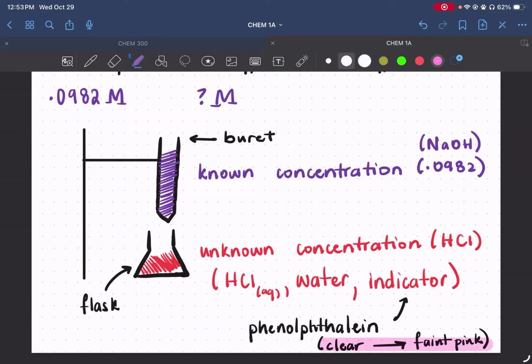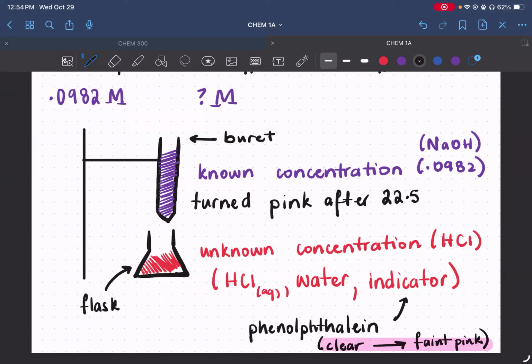In today's experiment, what you would do is add sodium hydroxide until the solution turns faint pink. And by that time, what you would say is that the solution turned that faint pink after, let's say, 22.5 milliliters of sodium hydroxide.